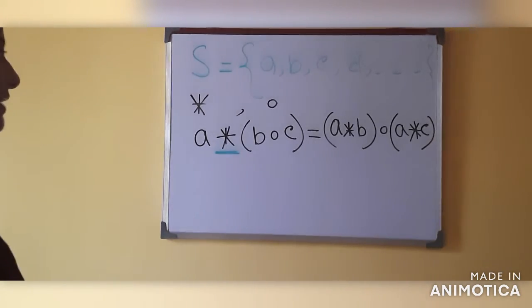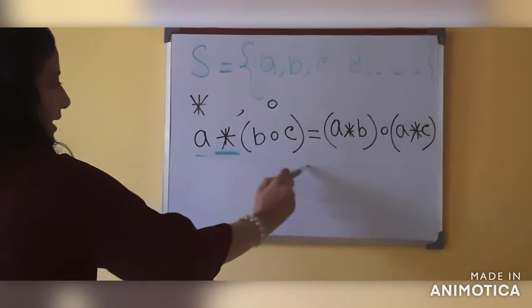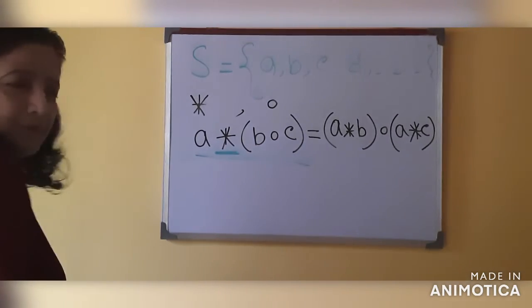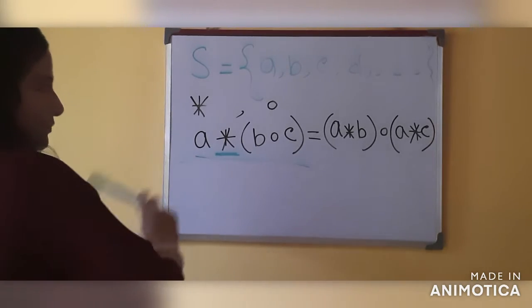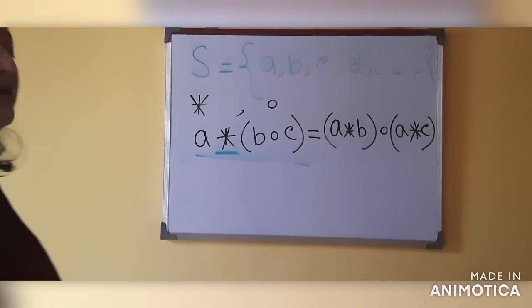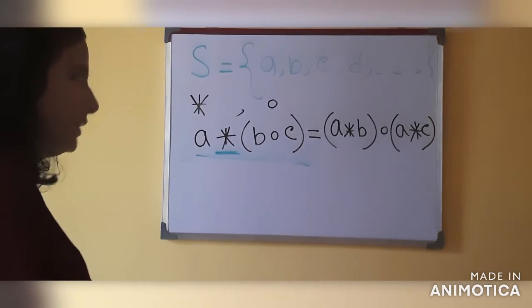And another thing is that in this case, whenever we are writing this, we will say that this asterisk operation is distributive over this operation. Now with an example we will make it more clear.